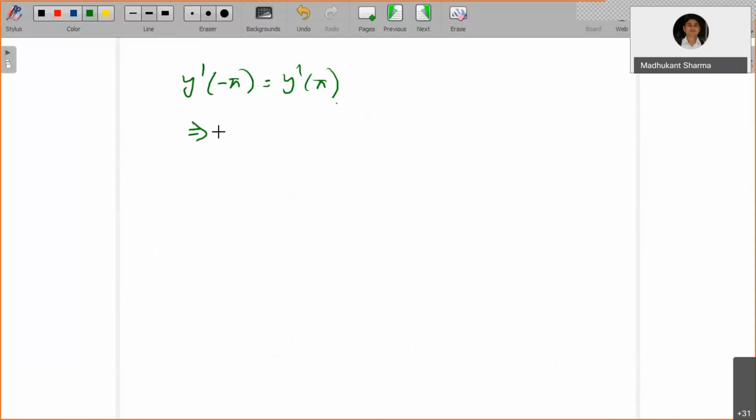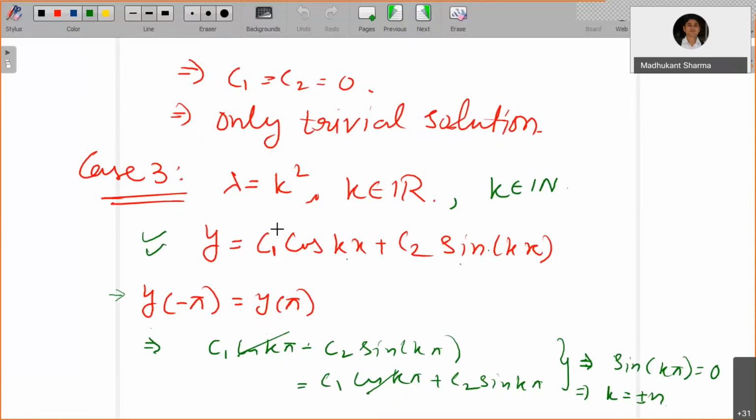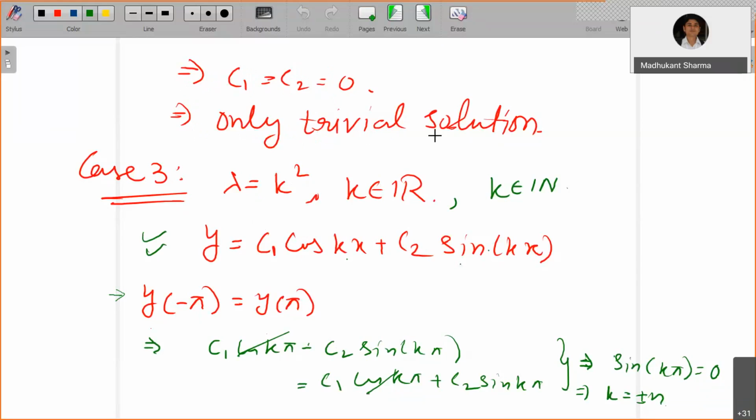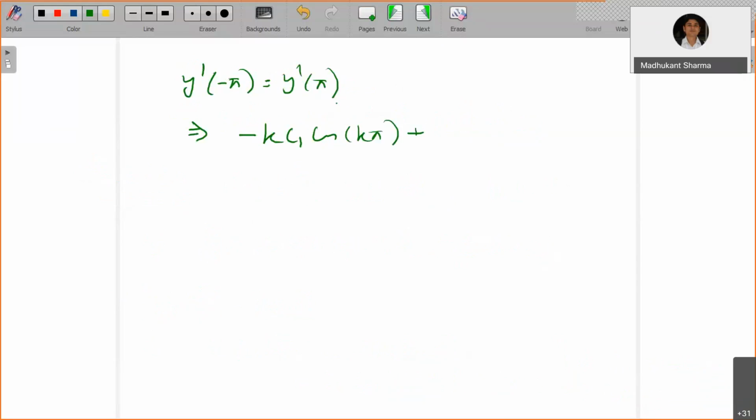So what does this imply? You have k times C1, differentiating, this is minus k C1 cos k pi, plus k C2 sine k pi plus k C2 cos k pi, since the cos derivative is sine.